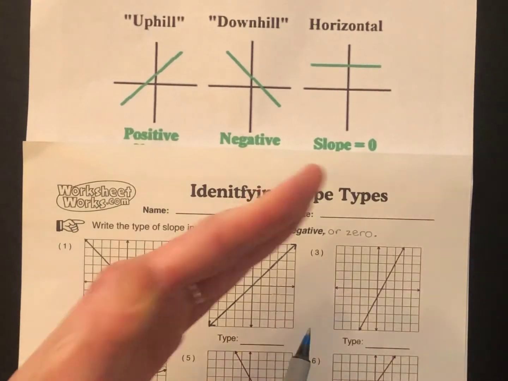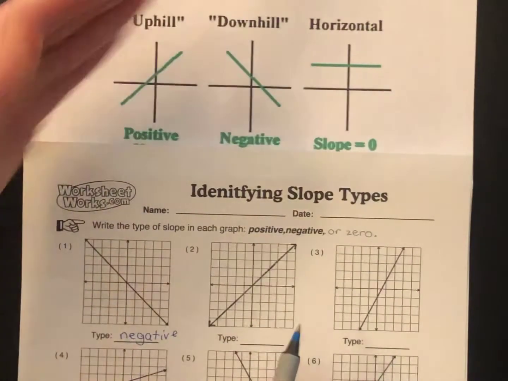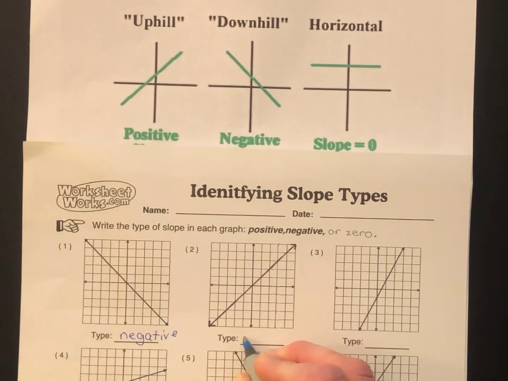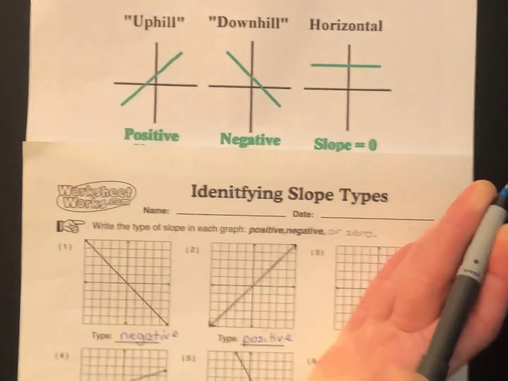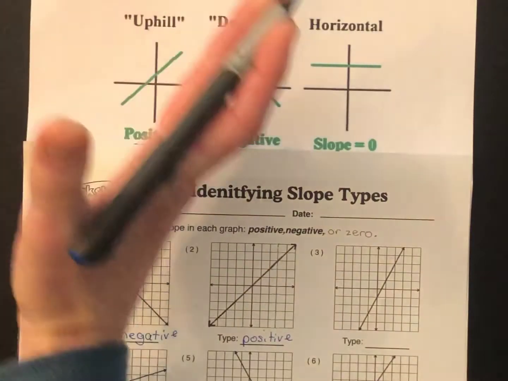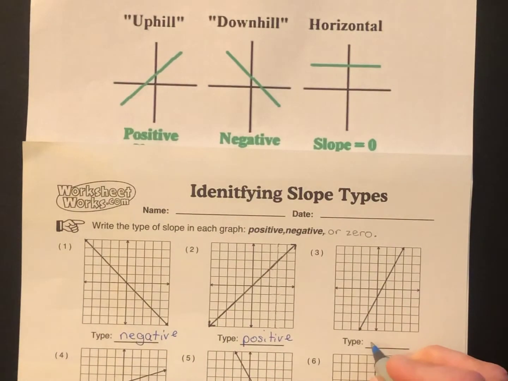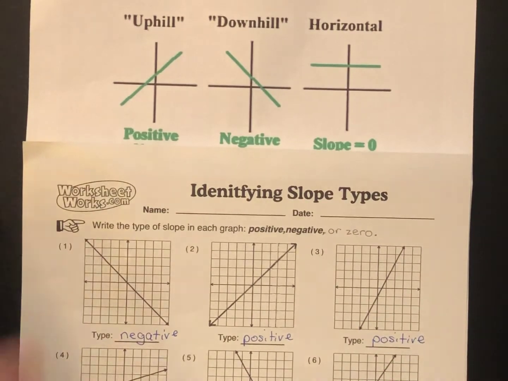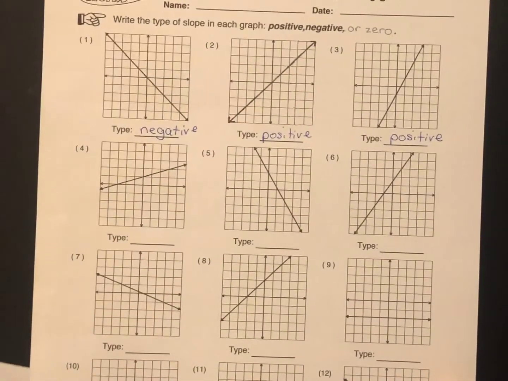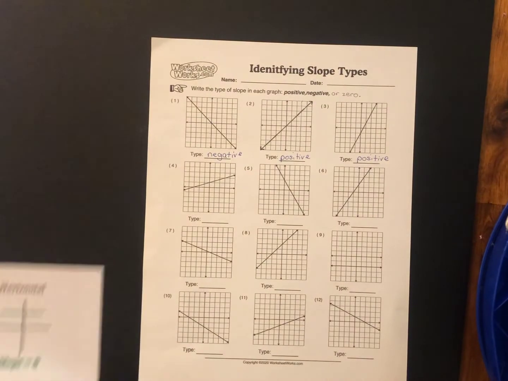This one, like that, is up, positive. So this is a positive slope. Well, what about this one? This line is like that one. It's a positive slope. So go ahead and finish this page right here, identifying all the positive and negative slopes.